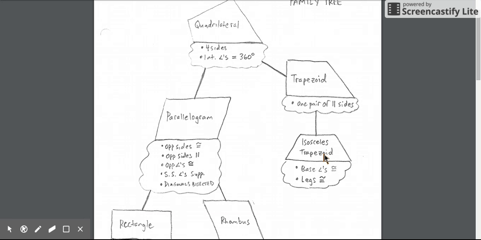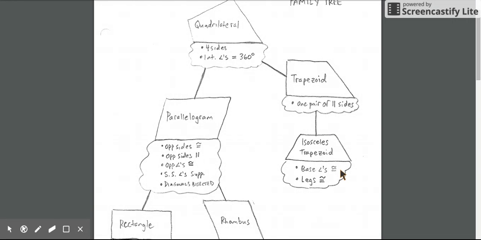There are others. But an isosceles trapezoid has one pair of parallel sides. In addition to that, it has these two properties, and these are actually the properties of an isosceles triangle, which is an isosceles trapezoid with the top cut off. So of course it's going to inherit those isosceles triangle properties.